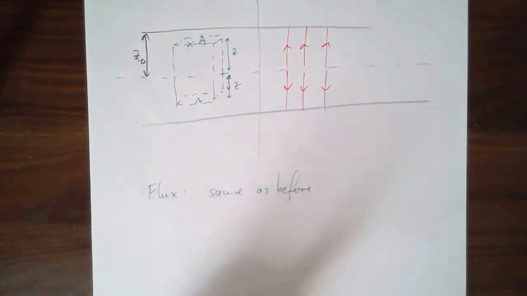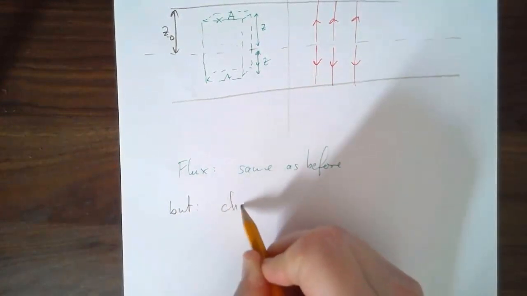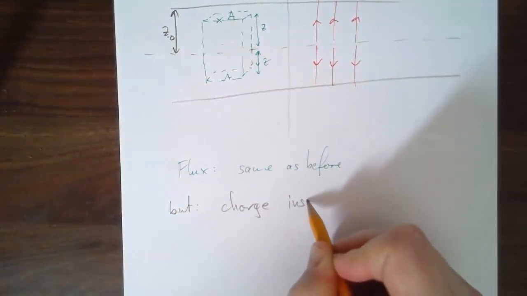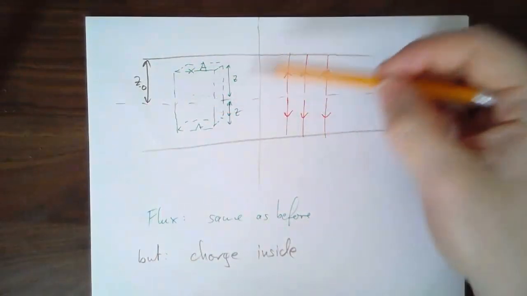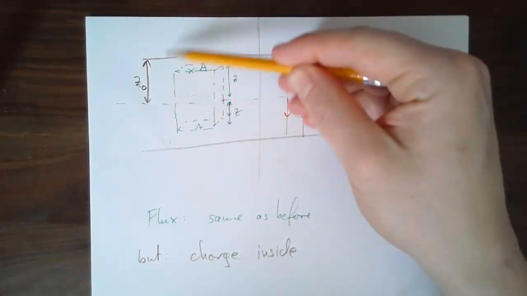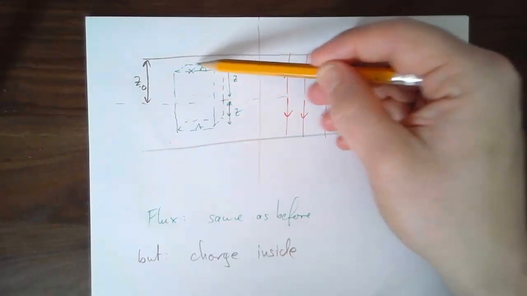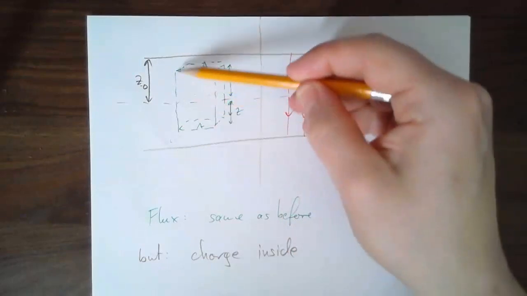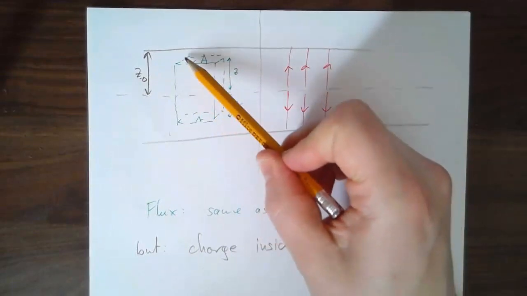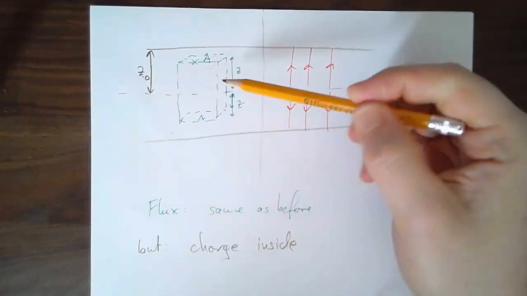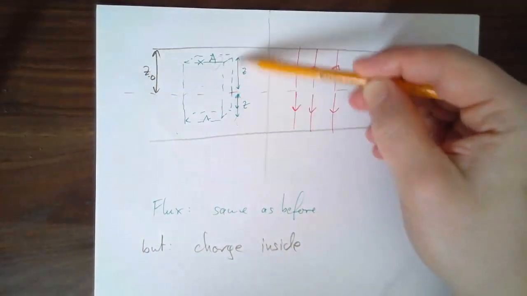But what is the charge inside? Well, before, the thickness of our cookie that we are cutting out of the slab was just the whole thickness of the slab. But now, the whole thickness of the slab isn't inside my Gaussian surface here, my Gaussian tower. The volume inside it is just A times the height. The height is not 2 times z0, the height is just 2 times z.